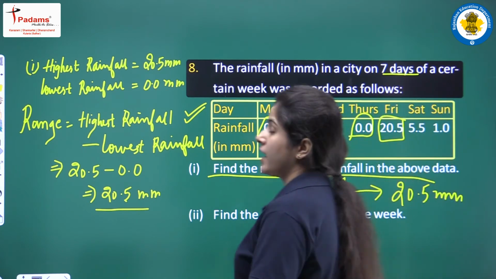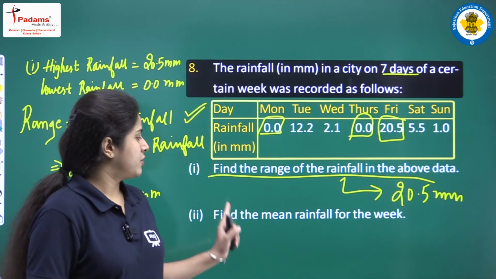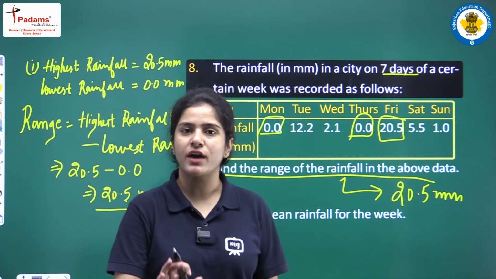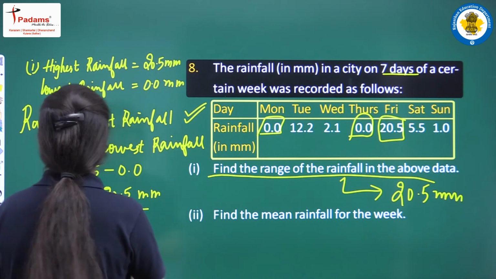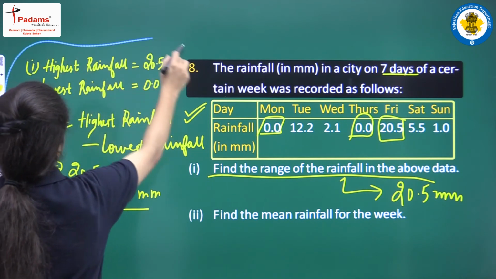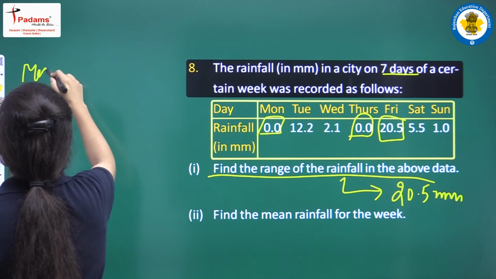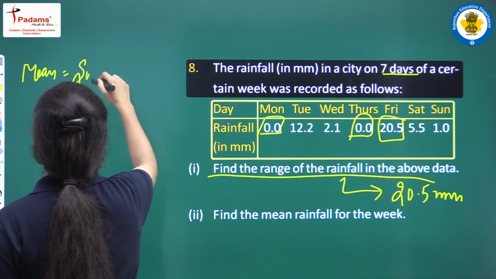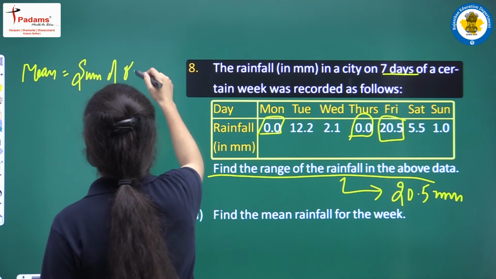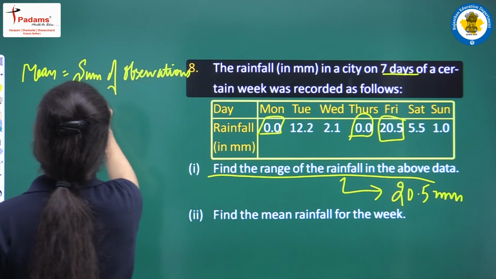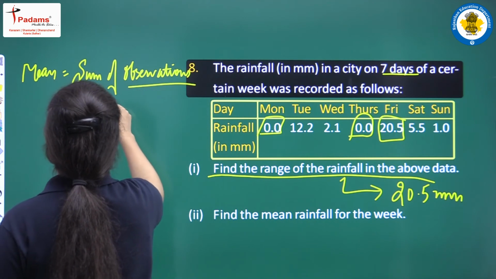Alright students, now in the second part, find the mean rainfall for a week. So we need to find the mean of the rainfall in a week. For finding the mean, what we need to do? Mean is equal to sum of observations and the number of observations.